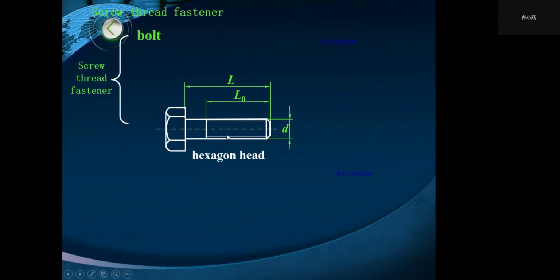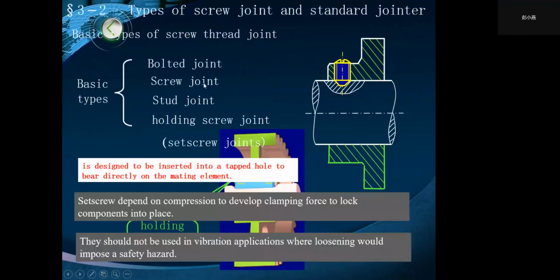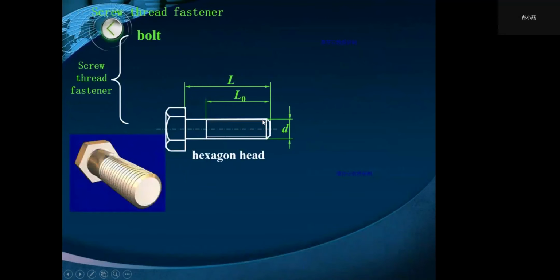The bolt is used in the bolted joint. Bolts have standard thread length L0 and total length L. The lengths L0 and L are standard.